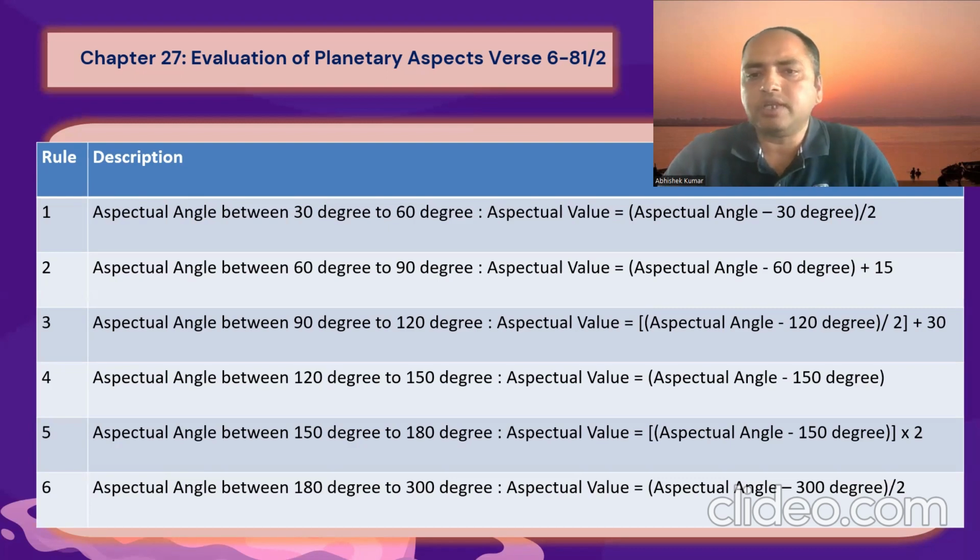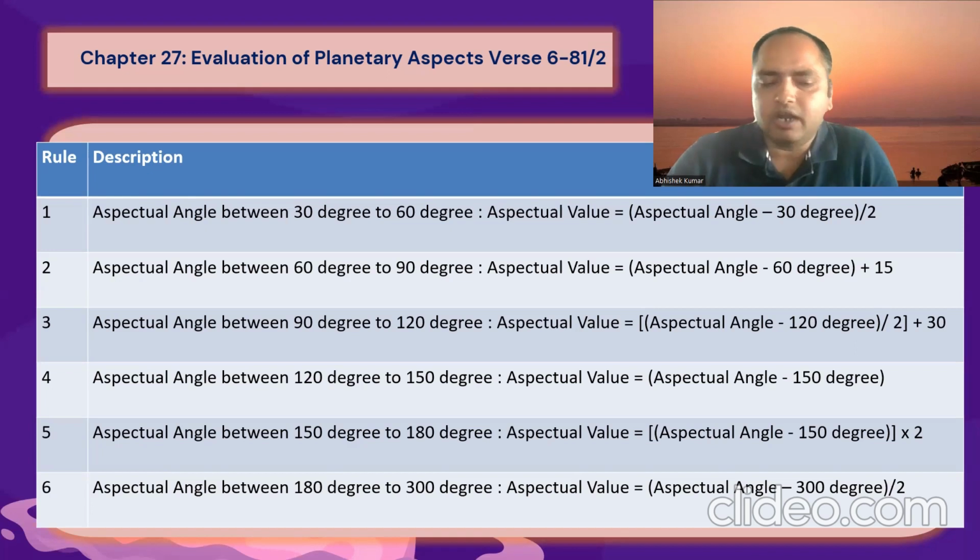Then Mahaguru is revealing the third rule. If the aspectual angle is between 90 degrees to 120 degrees, you can see how Mars is going, 30 to 60, 60 to 90, 90 to 120, then 120 to 150, he's going like that.